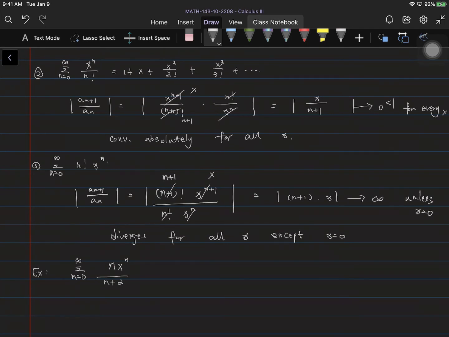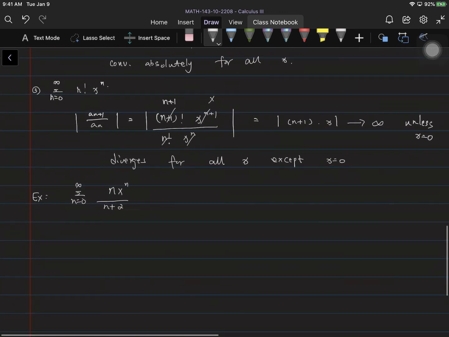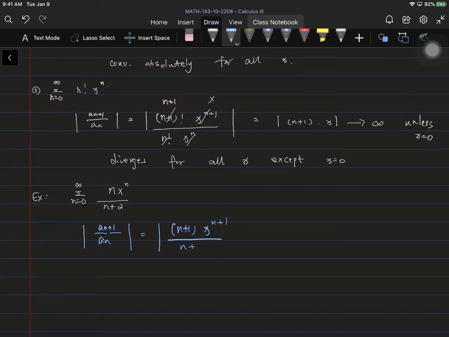Okay. I'm going to give you the solution for this one. We always do the same thing. Here, n plus 1 plus 2 becomes n plus 3, over a_n with n plus 2.